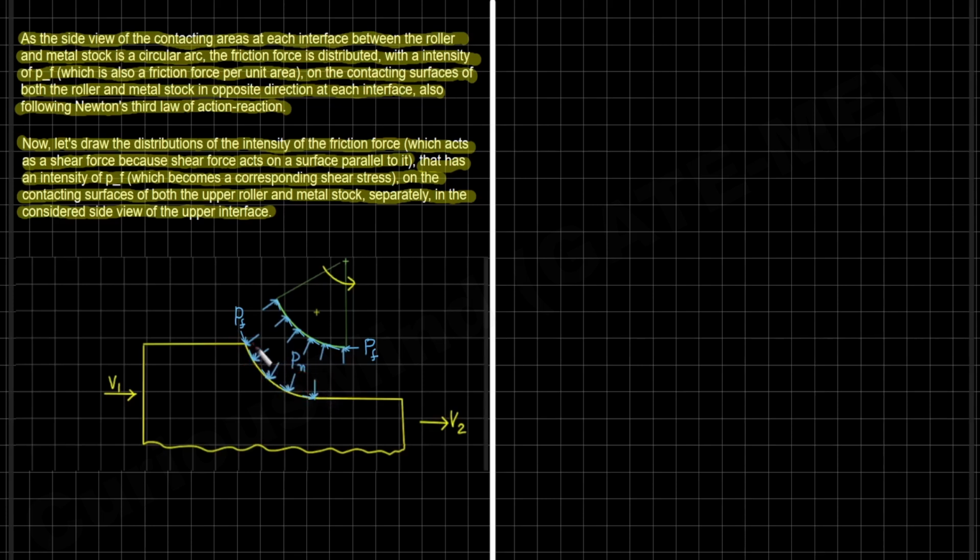And both the intensity of the friction force and the interface pressure are always perpendicular to each other at any point on the surface of the metal stock at contacting areas.